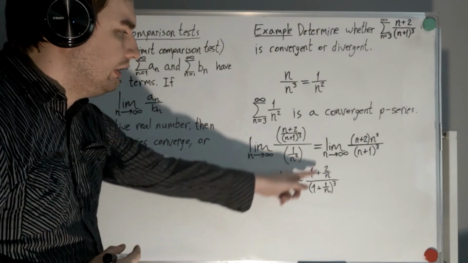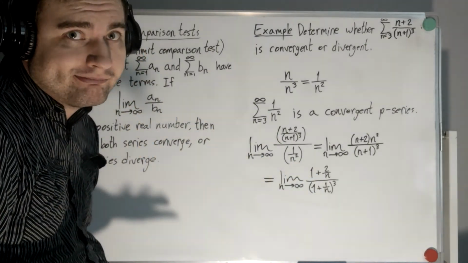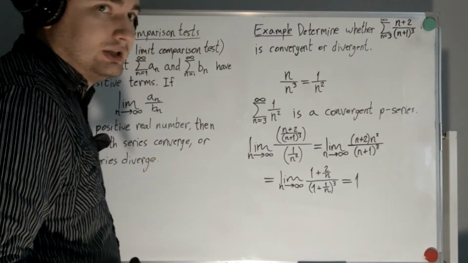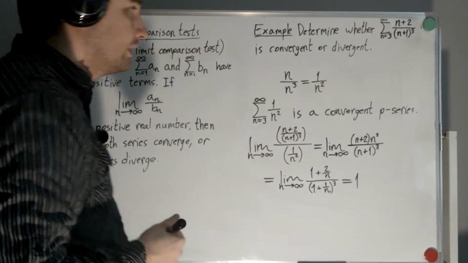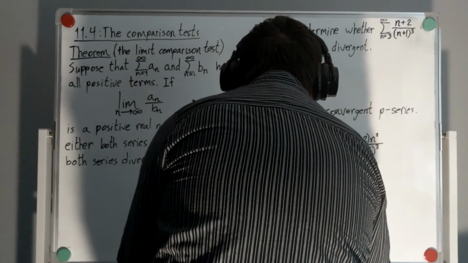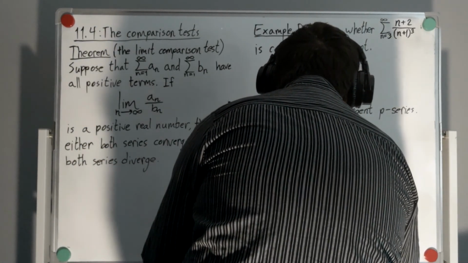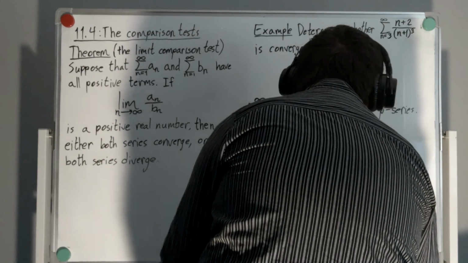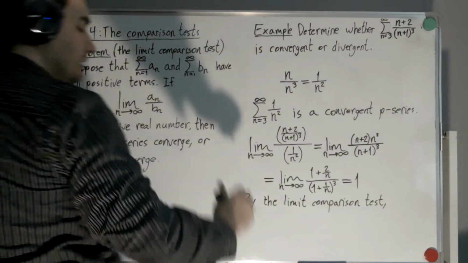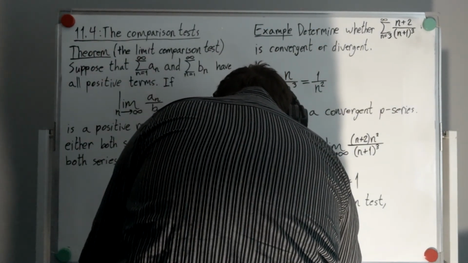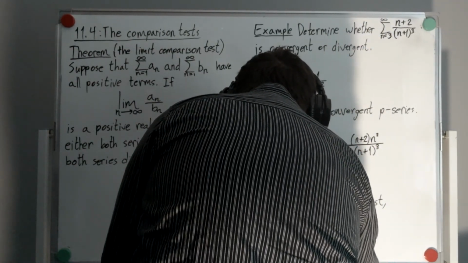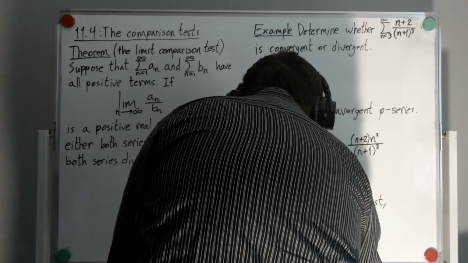So now as n approaches infinity, 2 over n and 1 over n, of course, approach 0, which means that this becomes 1 over 1, which is 1. And that's positive and finite. So, by the limit comparison test, both series are convergent. In other words, the sum from n equals 3 to infinity of n plus 2 divided by n plus 1 cubed is convergent.